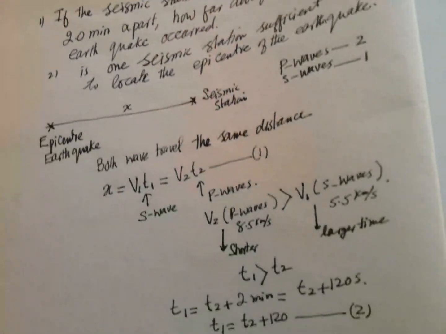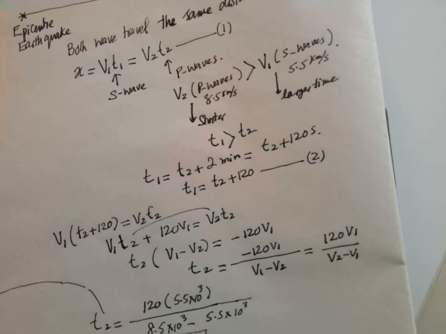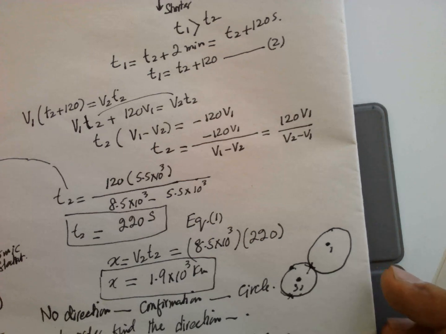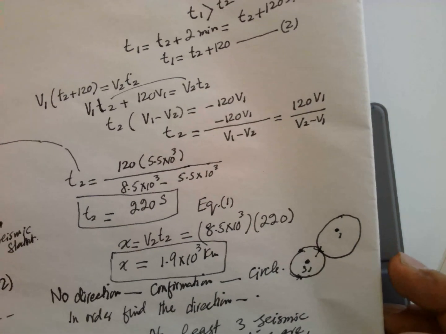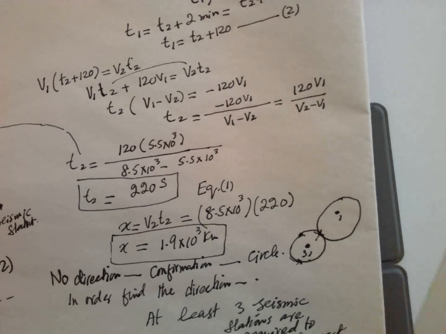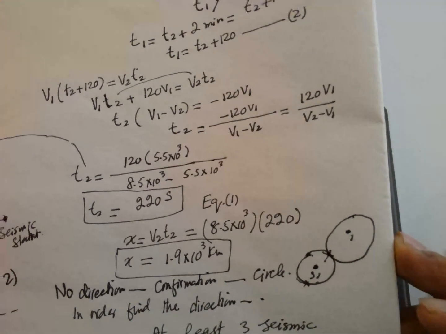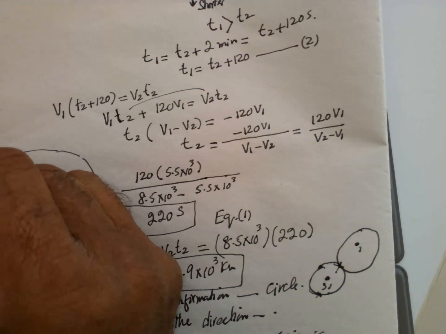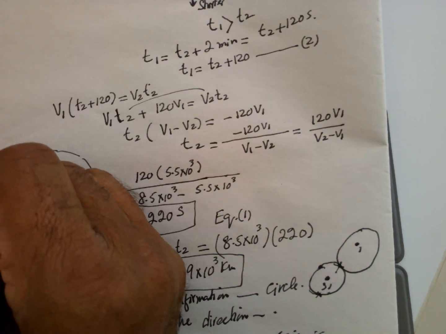and this is the answer to the question. Only one seismic station is not sufficient, at least 3. So there will be a circle, and then there will be another circle.